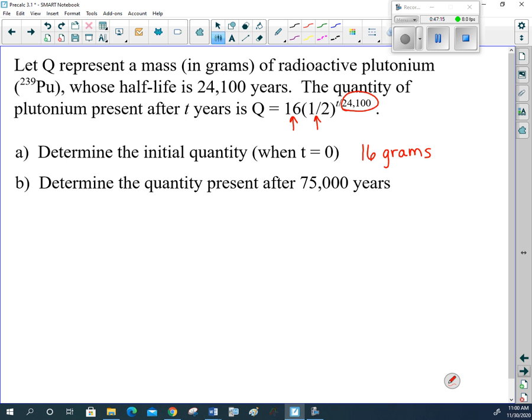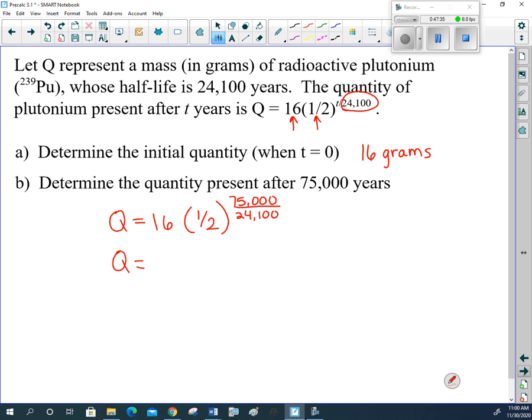And then determine the quantity present after 75,000 years. So we'll just take that formula. Q equals 16, and then 1/2 raised to the 75,000 years divided by its half-life. And we'll see how much is left.